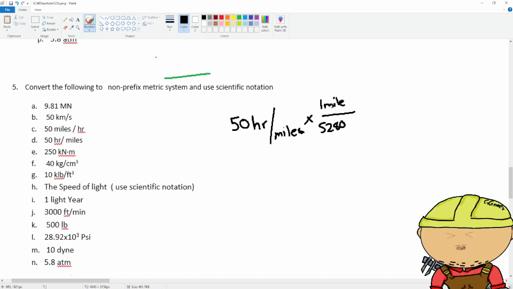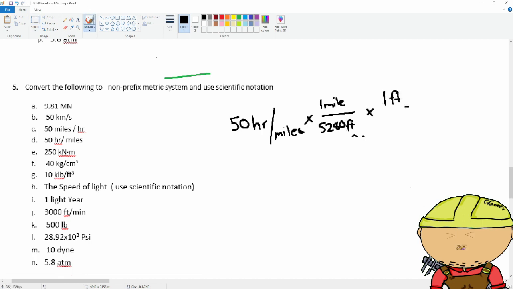There's two kinds of mile. If that's a nautical mile, that's going to be 6,080 feet. But if it's normal miles or just mile, then that's going to come to 5,280 feet.